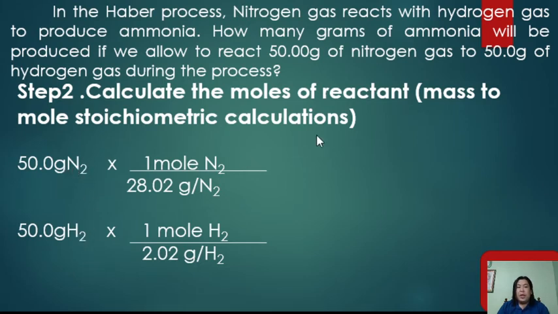Since we are using mass to mole stoichiometric calculations, we will use the molar mass of nitrogen. 28.0 grams of nitrogen is the molar mass of nitrogen gas. So for every 1 mole of nitrogen gas, there is 28.0 grams of nitrogen gas. And then you will cancel the unit of grams.